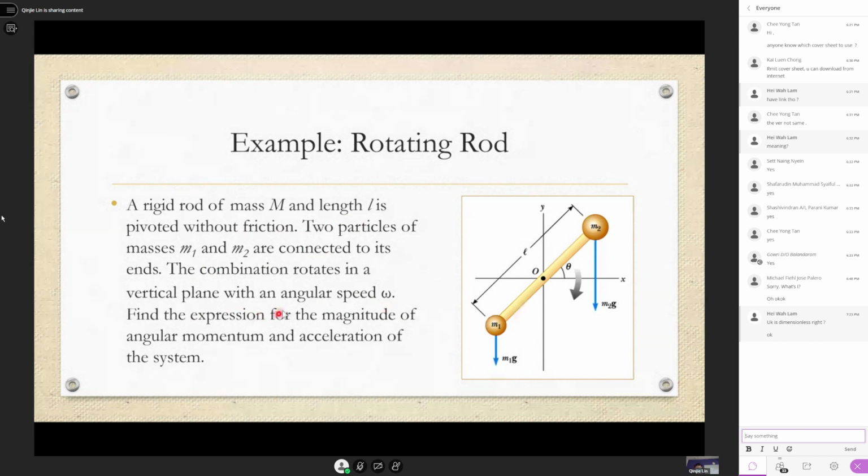Find the expression for the magnitude of angular momentum and acceleration of the system. So basically, you have this rod here, and then you attach the masses at the ends, and there will be some weight pulling it down. So these forces will also set this thing into some rotation, and that's how you get this angular speed.